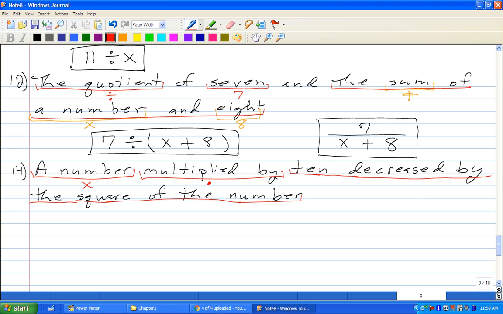So this is multiplied by 10, decreased by, so 10 here, decreased by minus the square. The square means to a power of 2, the number x. And so this is to the power of 2.